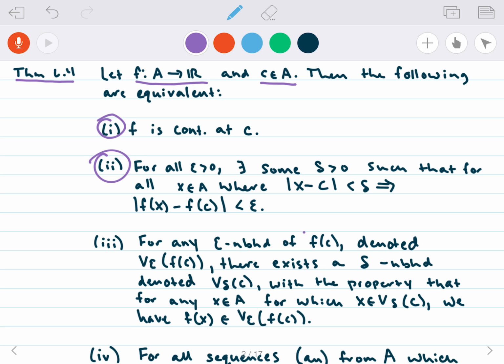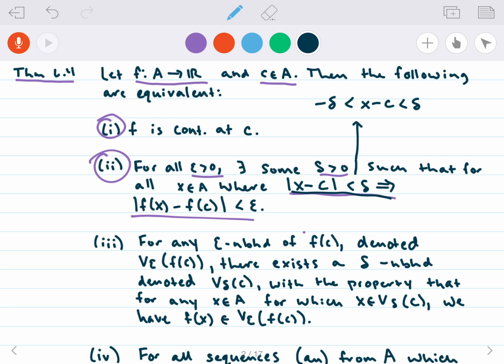So the absolute value definition: for all epsilon bigger than 0, there's a delta bigger than 0, so that whenever absolute value of x minus c is less than delta, this implies that absolute value of f of x minus f of c is less than epsilon. And so, what we can see by using the absolute value properties is that x minus c is less than delta and greater than negative delta.